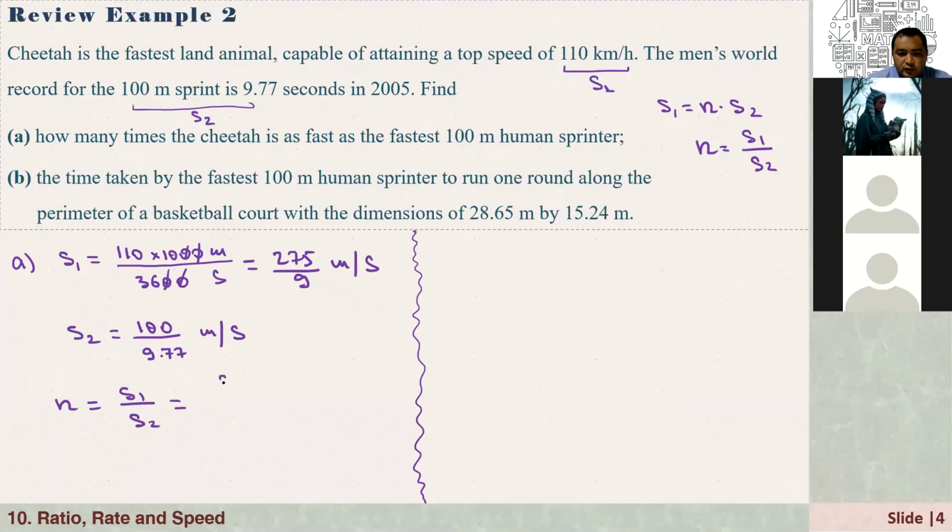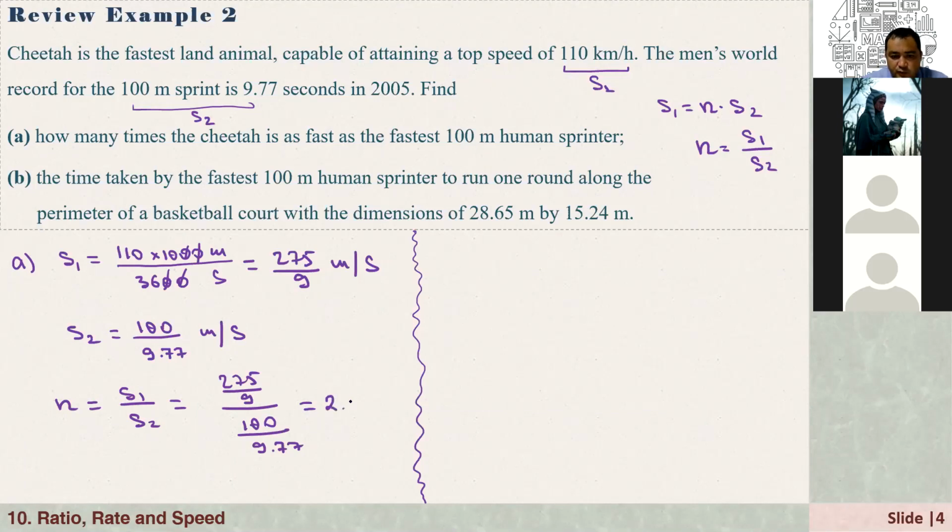S1 is 275 over 9, over his speed, 100 over 9.77. Evaluating this, 275 is multiplied by 9.77 and divided by 900, since 9 times 100 is 900, which is equal to 2.98 something.